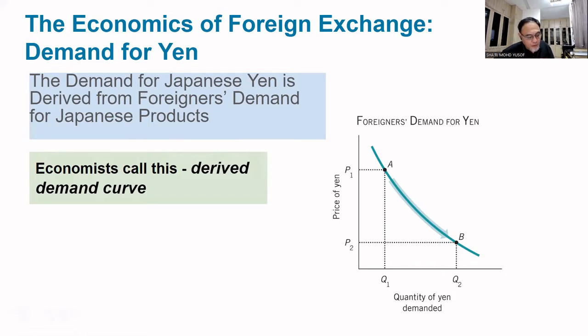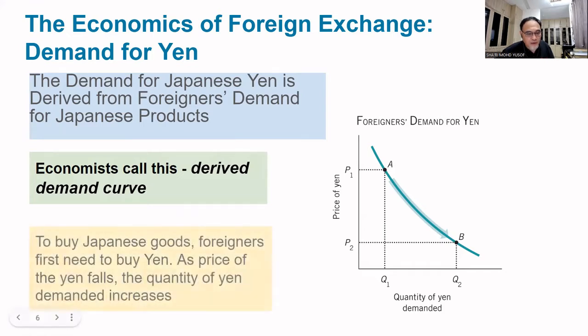So to buy Japanese goods, foreigners need to buy Japanese yen. So as the price of the yen falls, the quantity of yen demanded will increase.